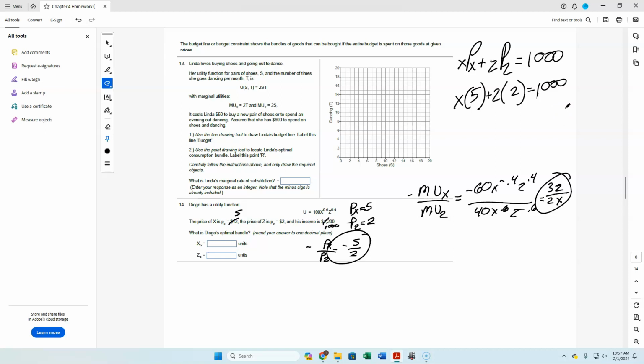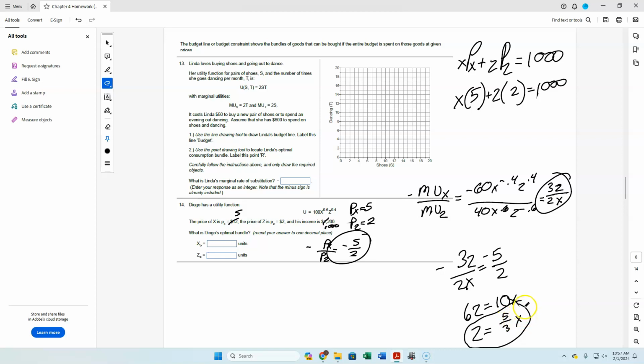But what we also now know is that if we set up this 3z over 2x equals 5 over 2, then 6z equals 10x, and then z would equal 5/3 x.